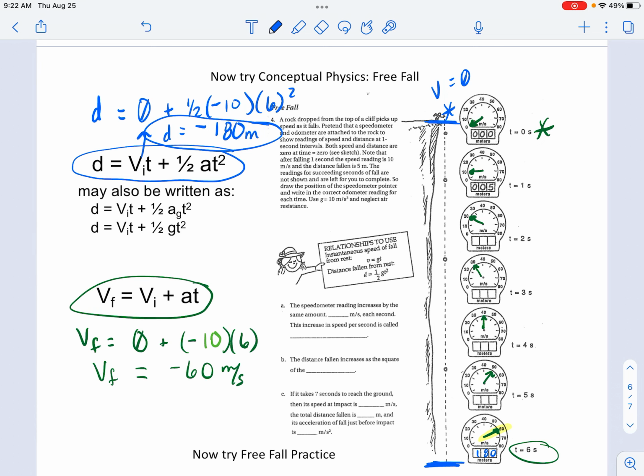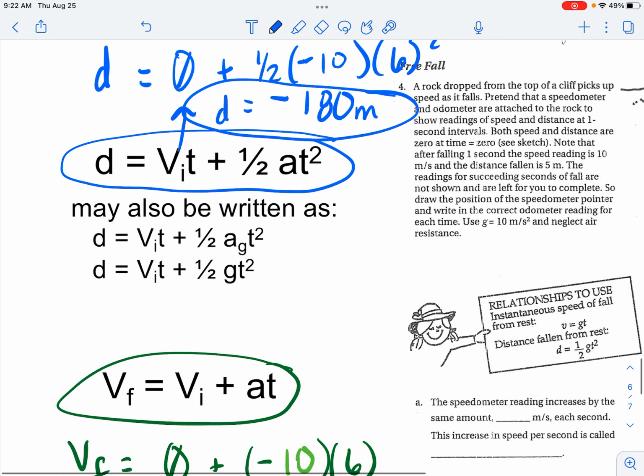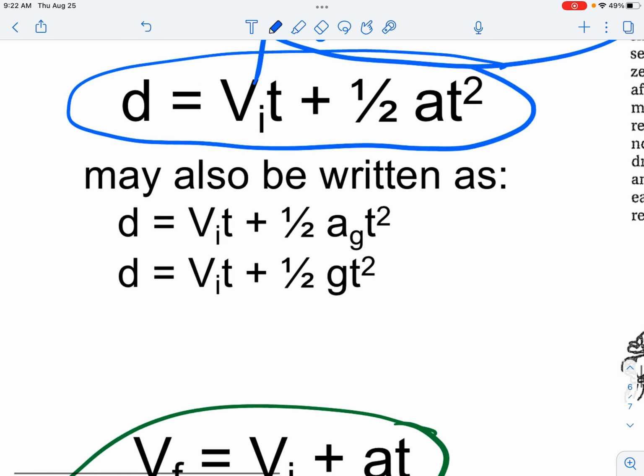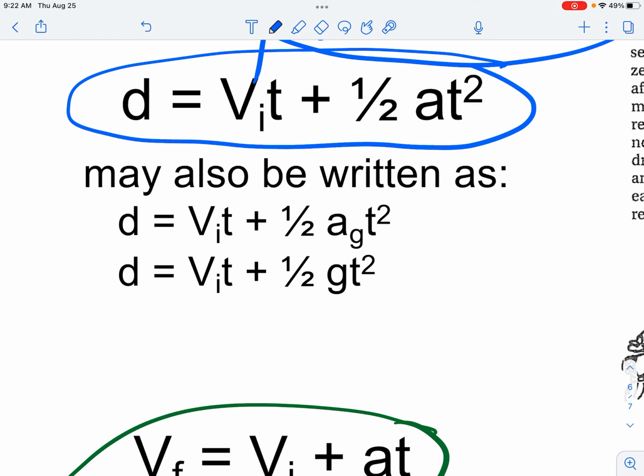Okay, the last thing that I want to point out on this slide here is I took the equation and I wrote it a couple of different times. So in my class, you are going to continue to see d = v_i t + 1/2 a t squared. That's the way that I'm going to write it for us all of the time.